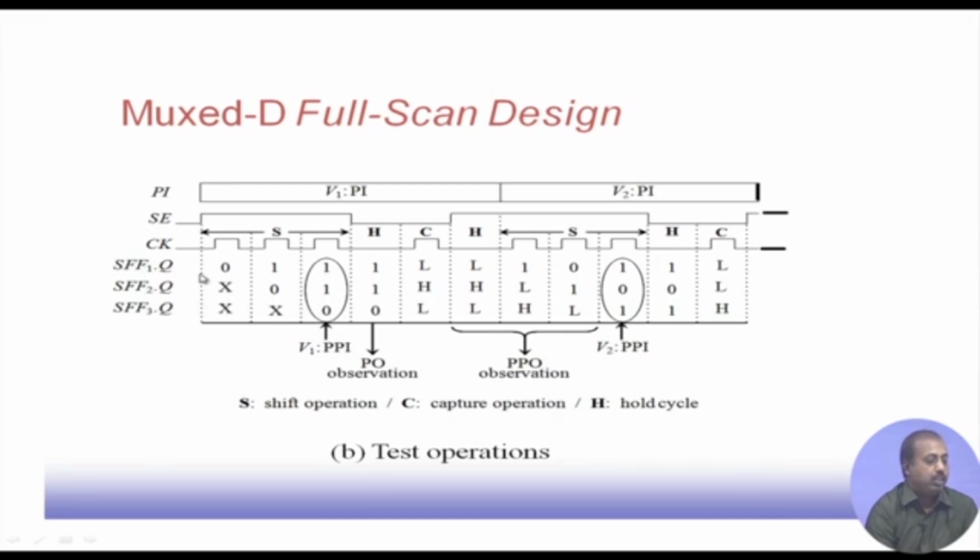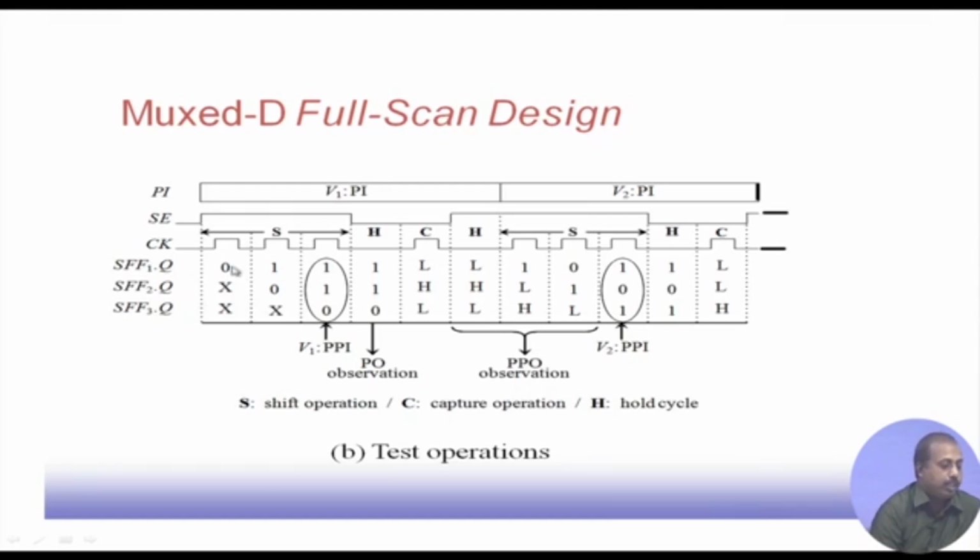So, what is done? First, the shift enable is made high, and the clock is applied. These are the 3 shift cycles. First, in the serial input we put a 0, so after the first clock cycle flip flop 1 gets the bit 0.